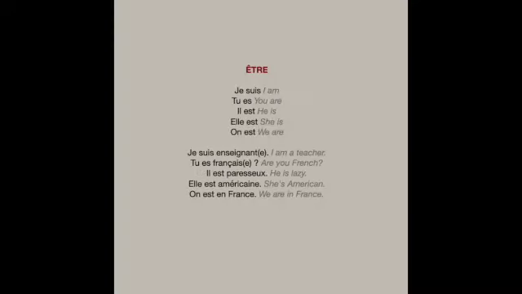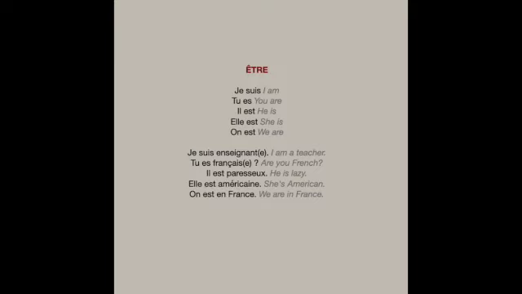Some examples. Je suis enseignant, tu es français, il est paresseux, elle est américaine, on est en France. So you see here, I put the E at the end of enseignant and français. Why?